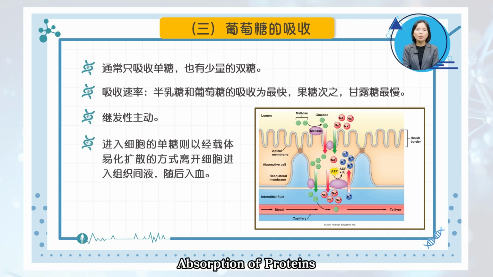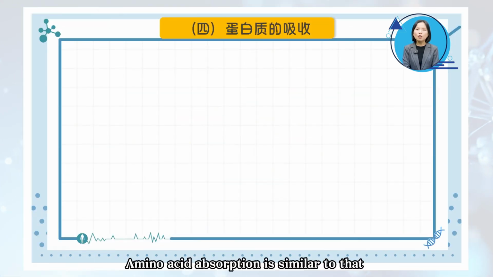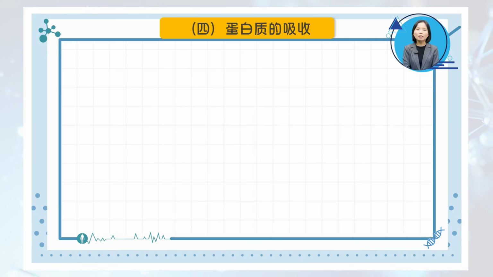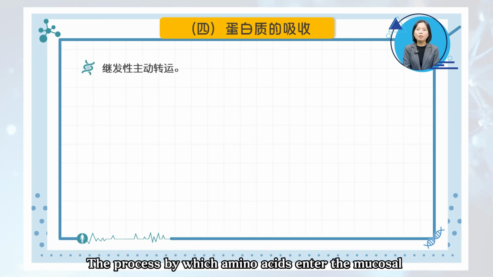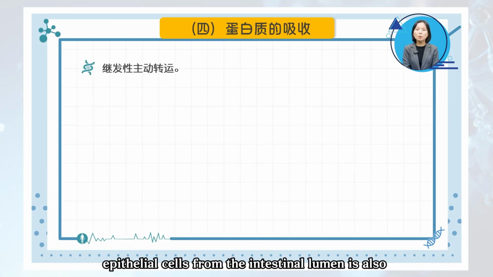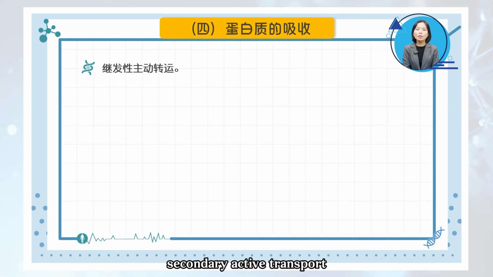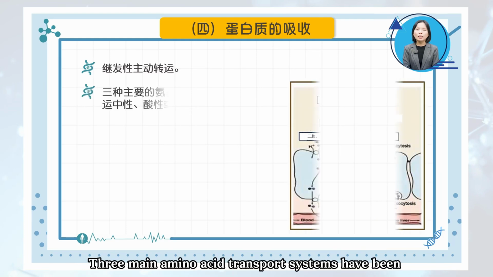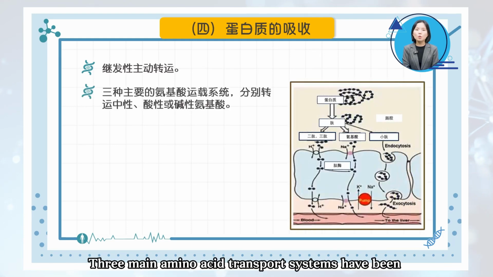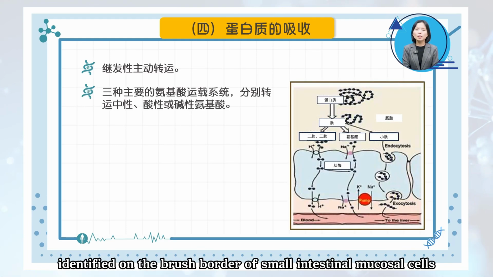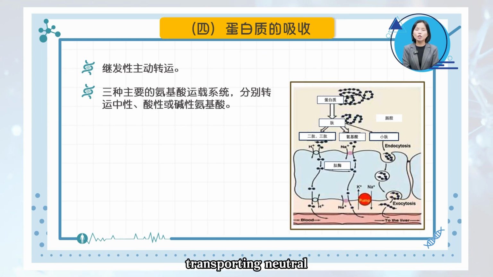4. Absorption of proteins. Amino acid absorption is similar to that of monosaccharides. The process by which amino acids enter the mucosal epithelial cells from the intestinal lumen is also secondary active transport. 3 main amino acid transport systems have been identified on the brush border of small intestinal mucosal cells, transporting neutral, acidic, or basic amino acids, respectively.